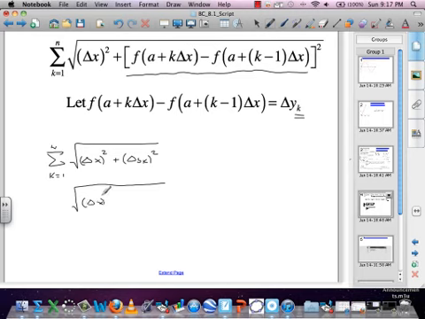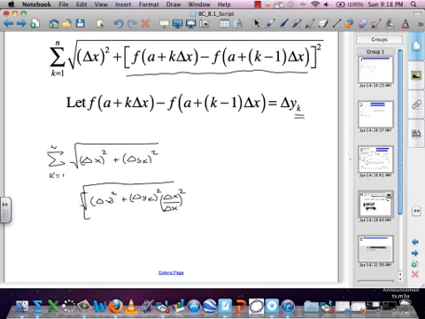I'm going to multiply delta y sub k squared by delta x over delta x quantity squared, and I'm actually going to multiply that by the entire inside of the square root.